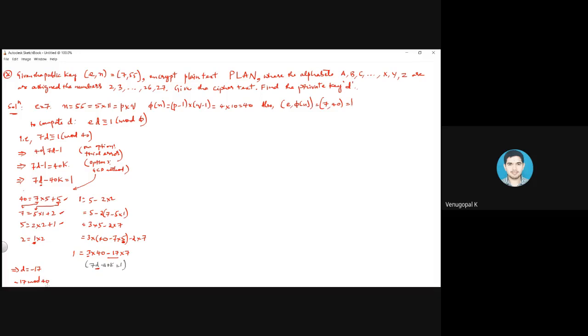We want a positive number which is congruent to minus 17. So I'll write it like this: minus 17, we want a positive x such that minus 17 should be congruent to that x mod 40.